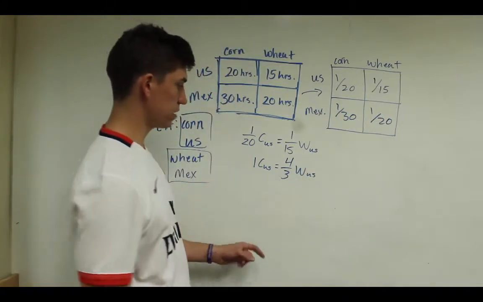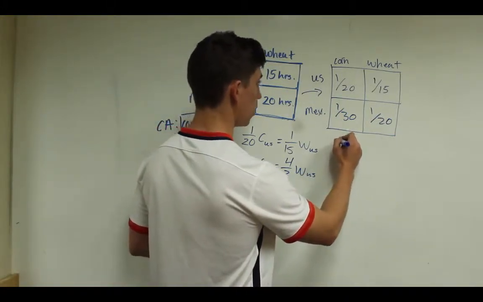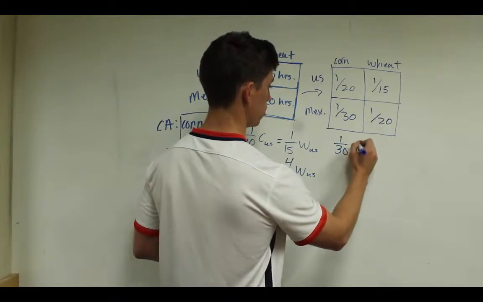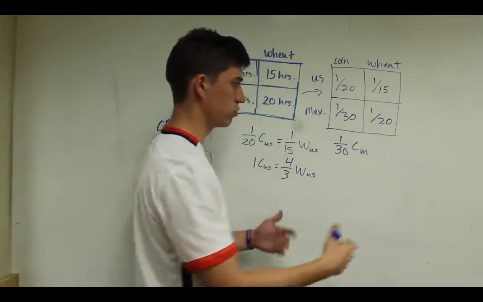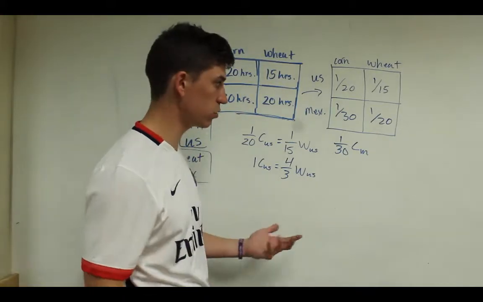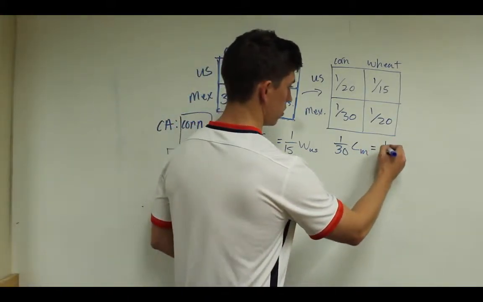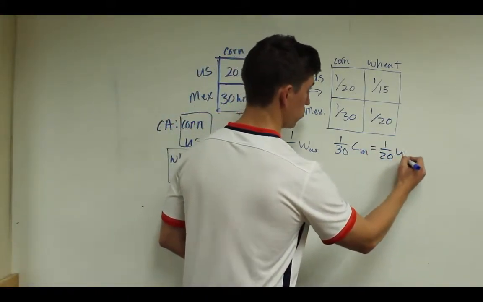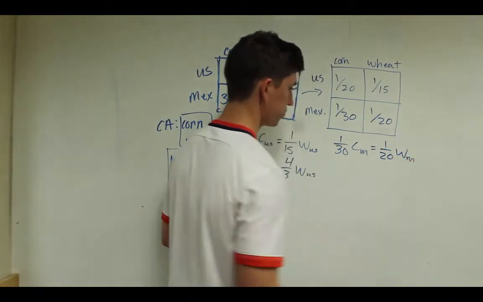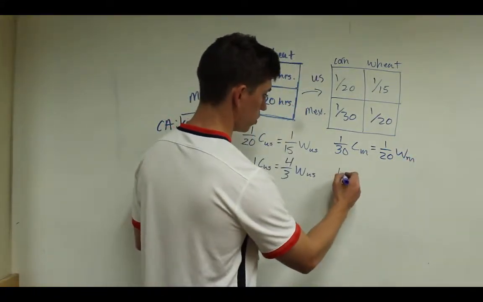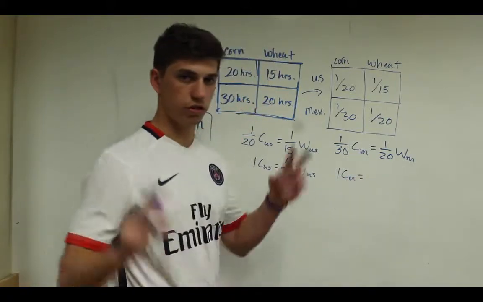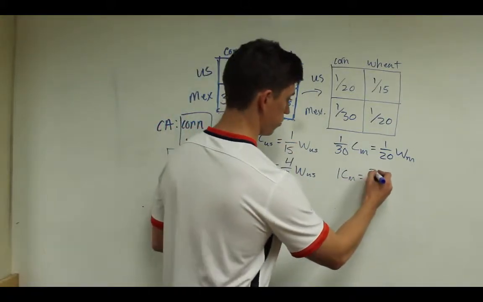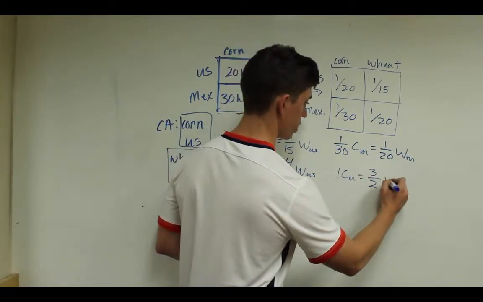And similarly for Mexico, 1/30th corn in Mexico, so if they have 1 hour they can produce 1/30th corn, or they can produce 1/20th wheat in Mexico, which is why I'm setting these two things equal to each other, right, which means that 1 corn in Mexico costs 3/2 wheat in Mexico.